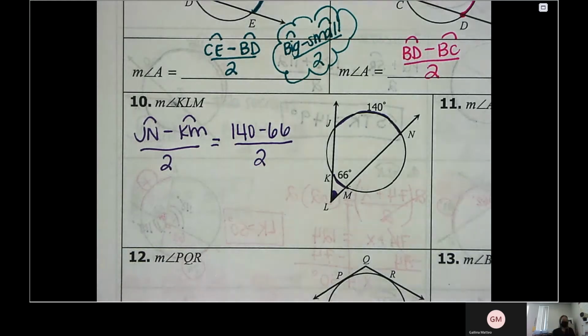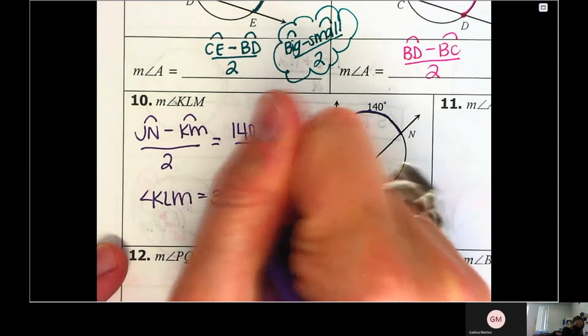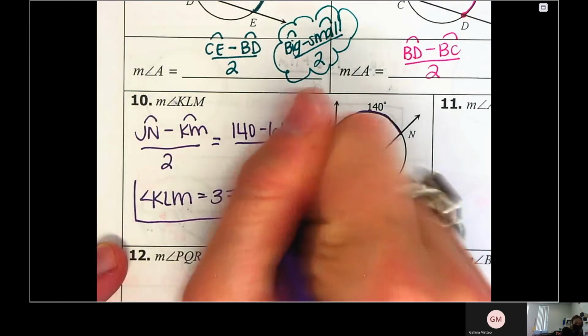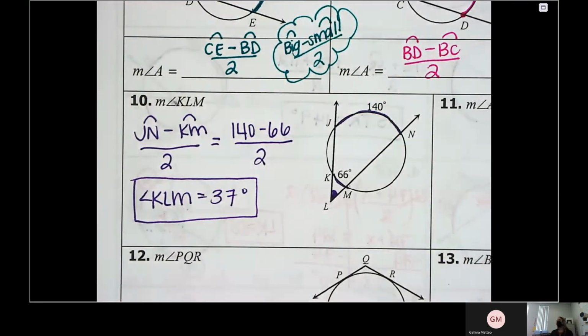Anyone? Yes, okay. Just doing it in my brain here, people. 37. Good. Beautiful. There you go. You figured it out. Big minus small divided by 2. Easy peasy. Let's try the next one. Questions on that one? Feeling good?